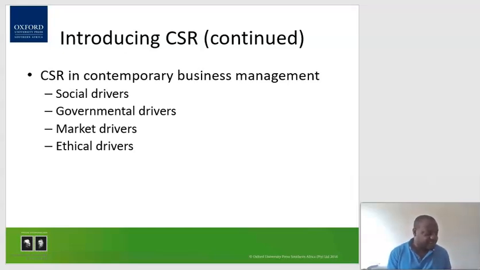It starts actually on page 155 of your textbook, where we have social drivers, government drivers, market drivers, as well as ethical drivers. So with social drivers, basically, organizations engage in corporate social responsibility activities because they want to create a reputation that will make them socially appealing to people in society.